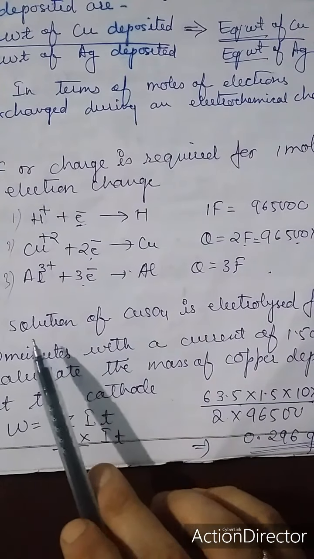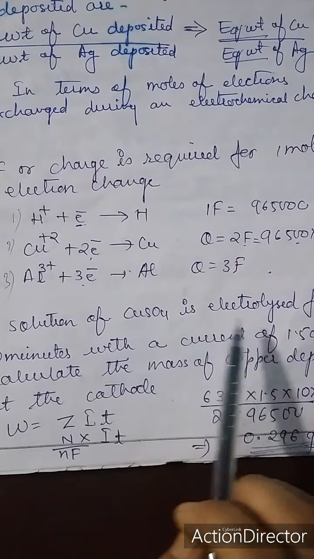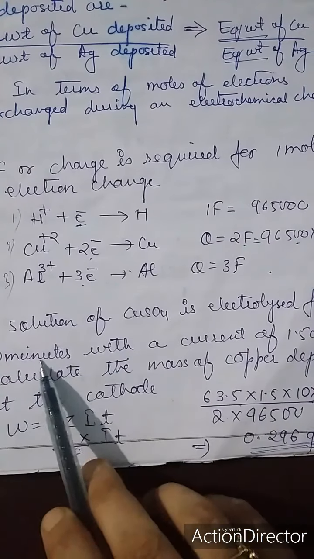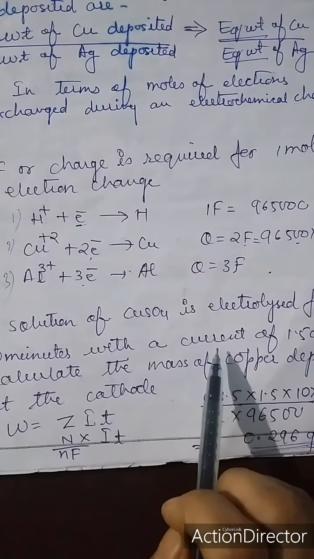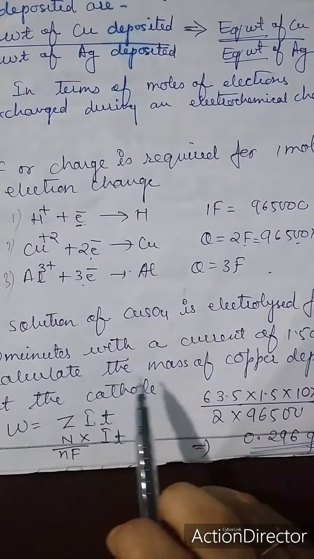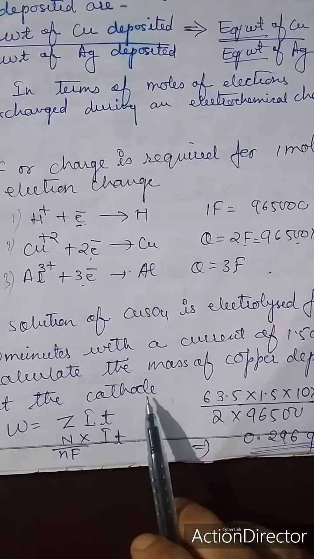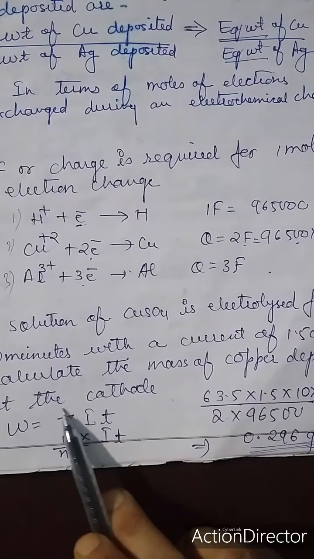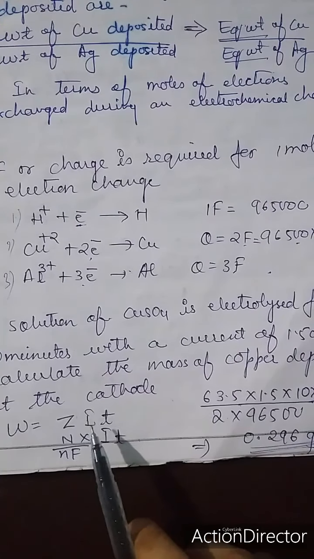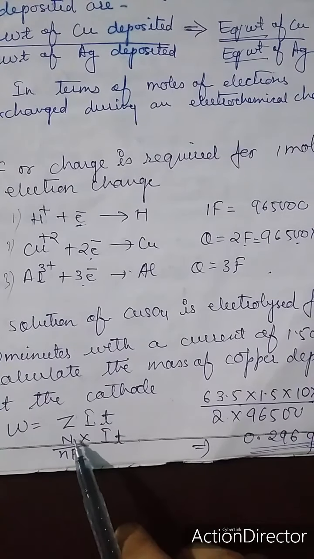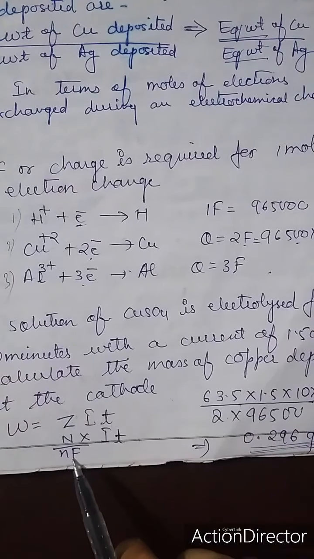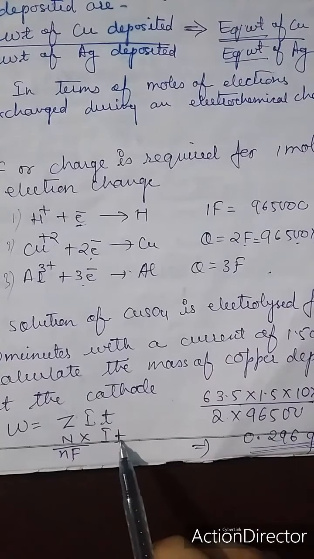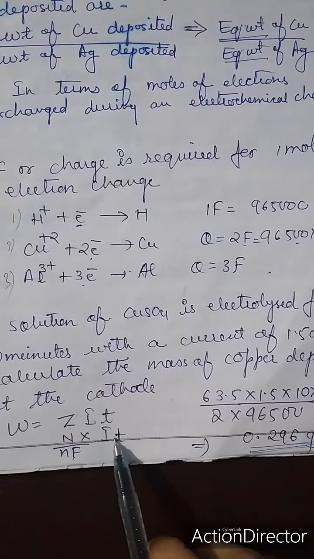Now the next question: a solution of copper sulfate is electrolyzed for 10 minutes with a current of 1.5 amp. Calculate the mass of copper which is deposited at the cathode. So W is equal to ZIT. Z can be written as M upon NF, into IT.